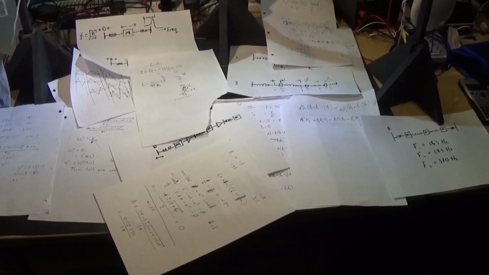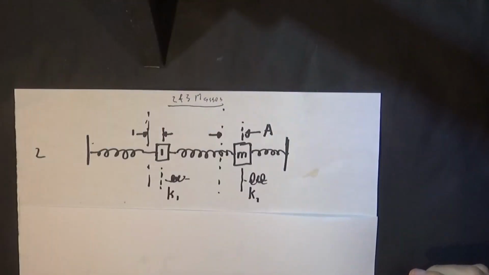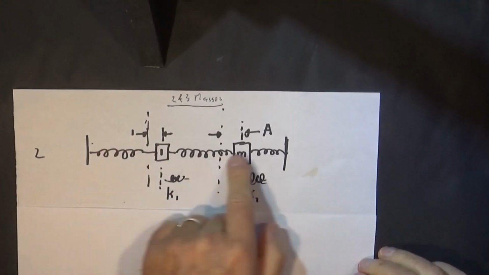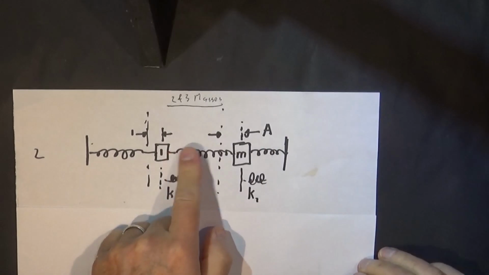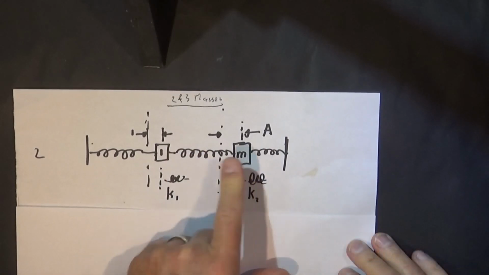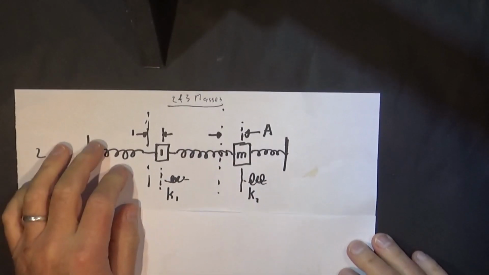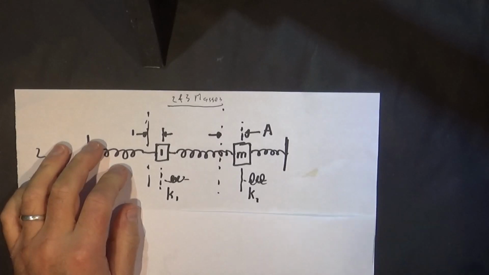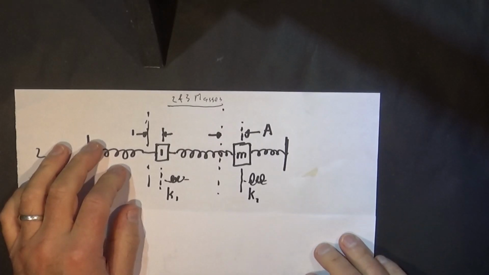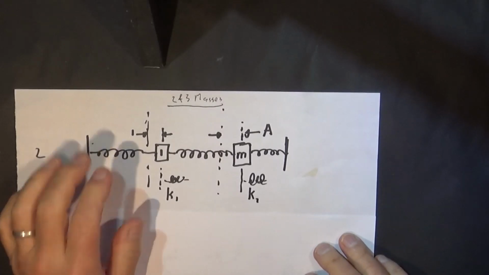So, moving on. I tried to set up some way of calculating the frequencies that are output when we have multi-spring and mass systems where all the masses are not exactly the same. Here we have a system.